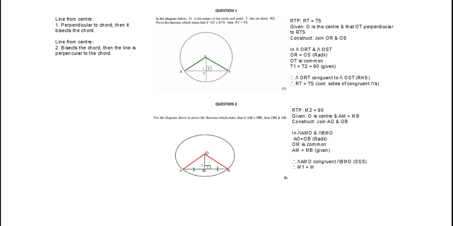Therefore angle M1 equals angle M2. These are the corresponding angles of congruent triangles.